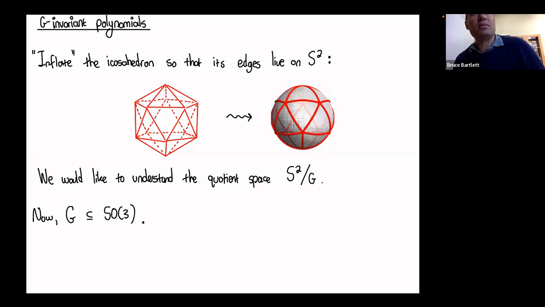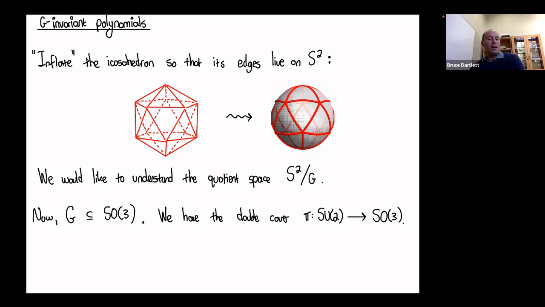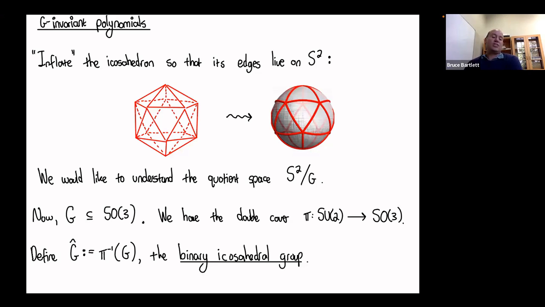Now, the group of rotations of the icosahedron is a subgroup of all rotations of 3-space, SO3. And we have the double cover of SO3 being SU2, 2 by 2 unitary matrices of determinant 1. So define G hat to be the binary icosahedral group, which is the double cover of the icosahedral group, but now living inside SU2. So G had 60 elements, whereas its double cover has 120 elements. Sometimes we need to translate between the two.